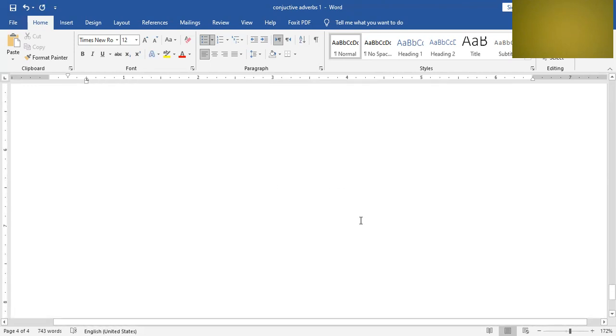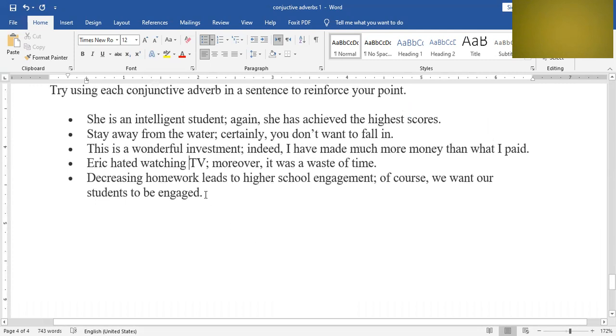And so you will have some homework, work in groups, to practice using conjunctive adverbs.